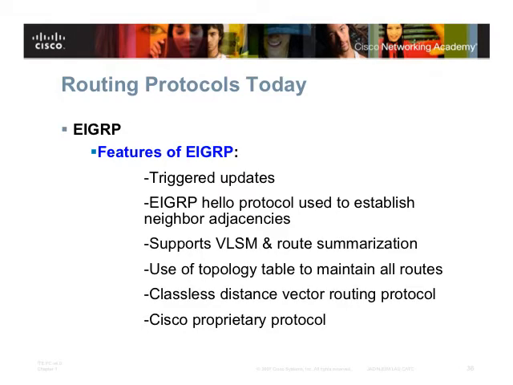EIGRP on the other side, unlike RIP, which uses periodic updates, as we have discussed before, EIGRP uses triggered updates. Okay, because it uses triggered updates, it uses another protocol to discover adjacencies or to discover neighbors.